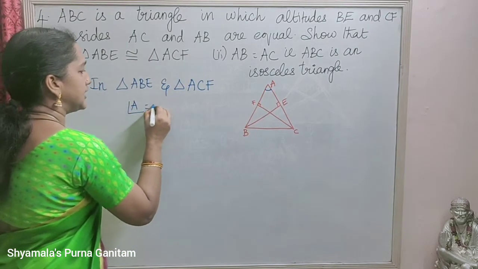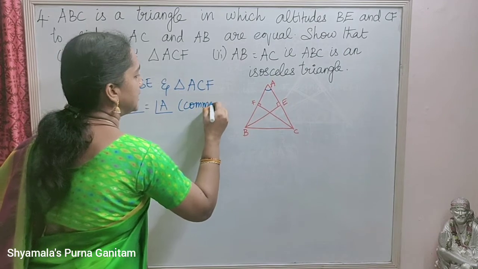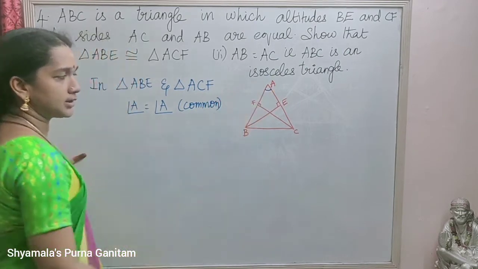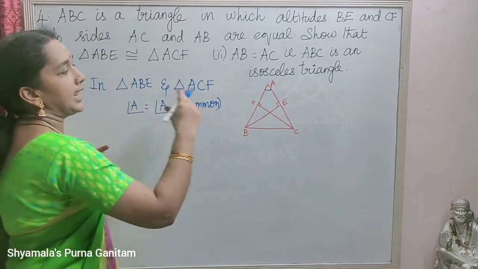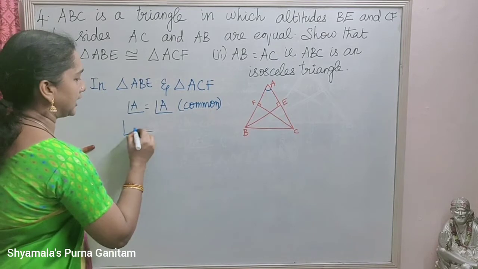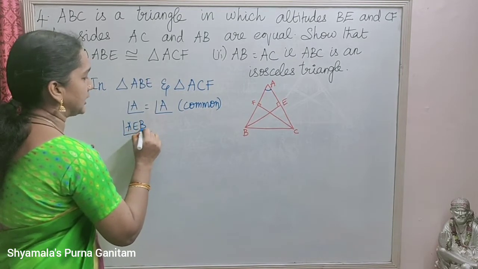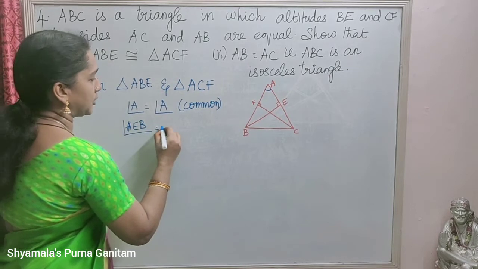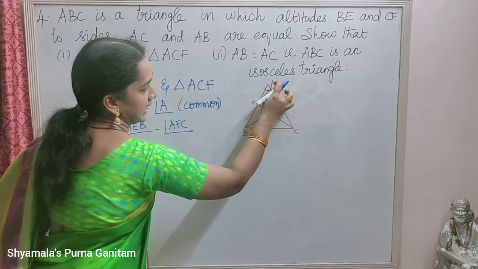Angle A is equal to angle A. Then since this is altitude, the angle formed at that point is 90 degrees. So angle AEB is equal to angle AFC.